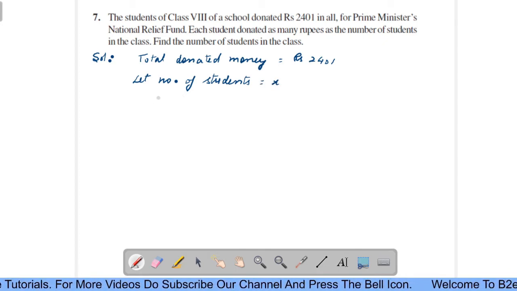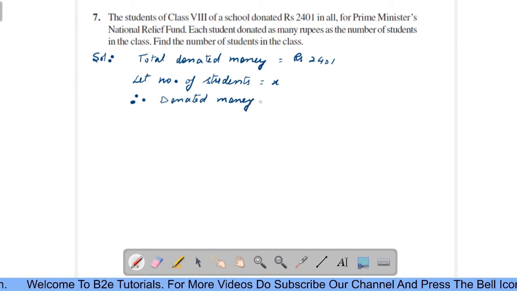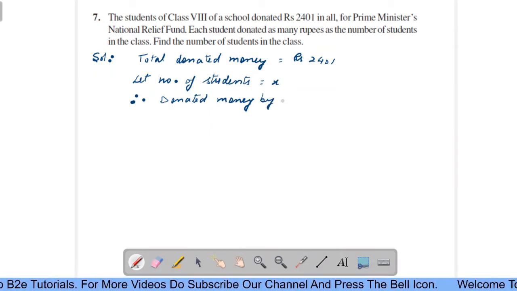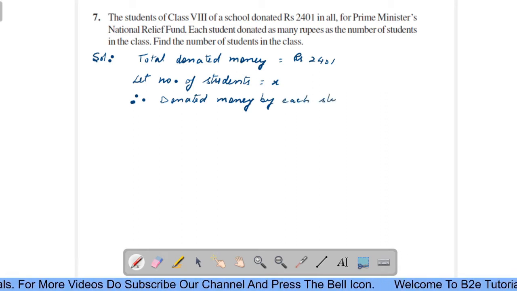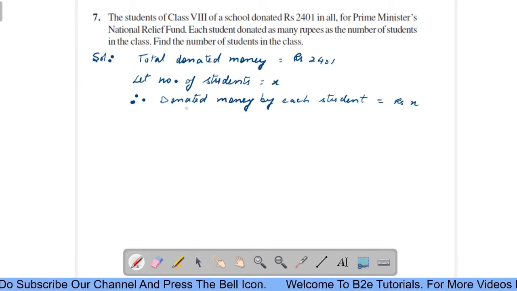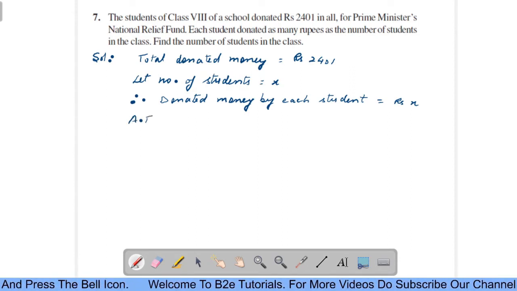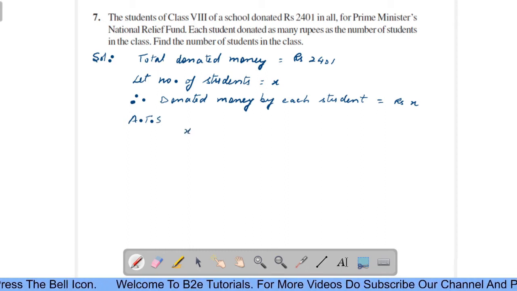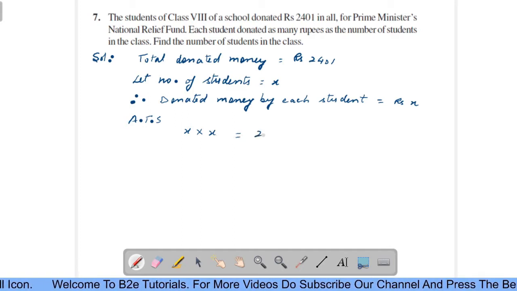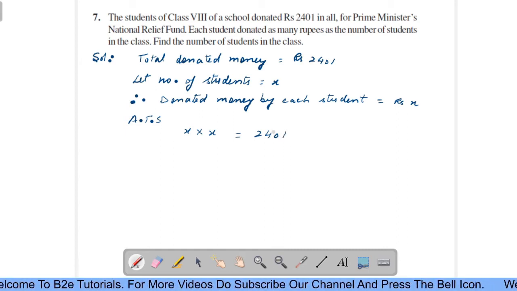Therefore, the money donated by each student is rupees x, or you can say according to the statement, x into x is 2401. From here find out the value of x.